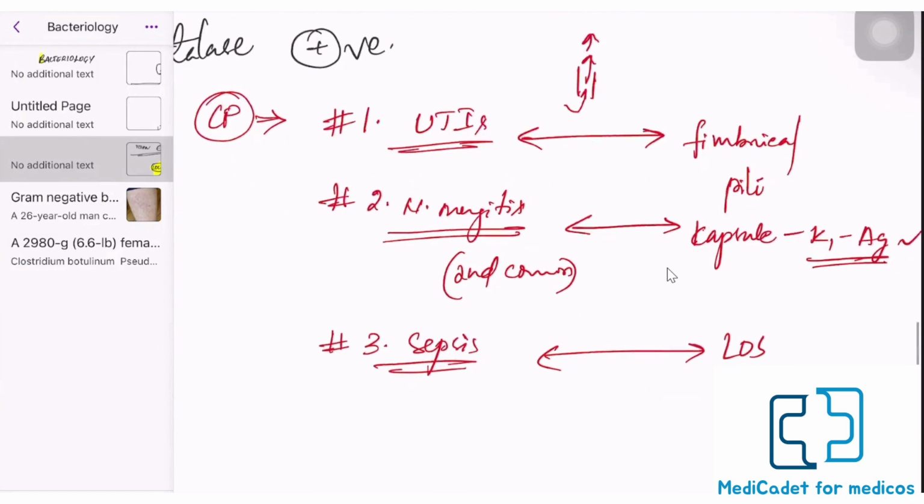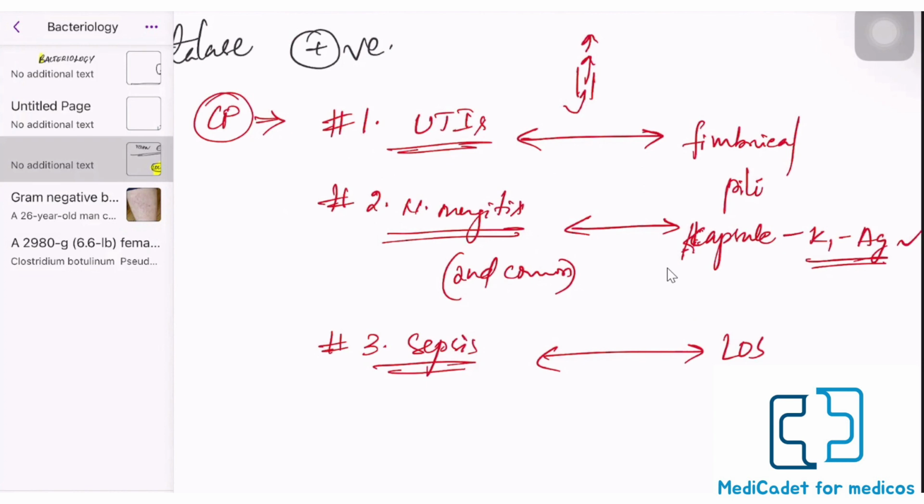That's why I've talked about the virulence factors along with the clinical presentation. Each virulence factor is useful in a particular presentation. For UTI, fimbriae will be helpful; for meningitis, the K capsule; for sepsis, lipooligosaccharide.